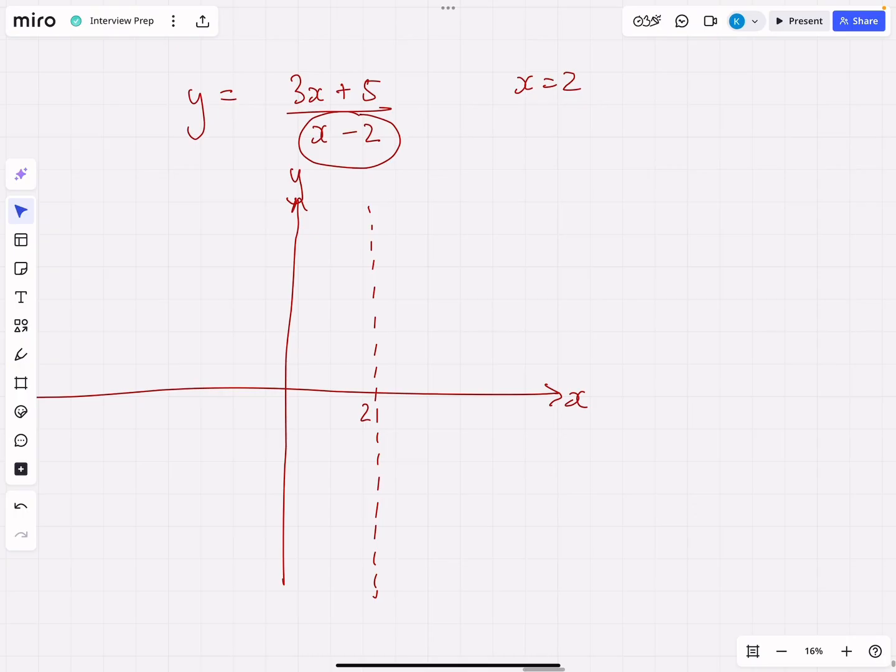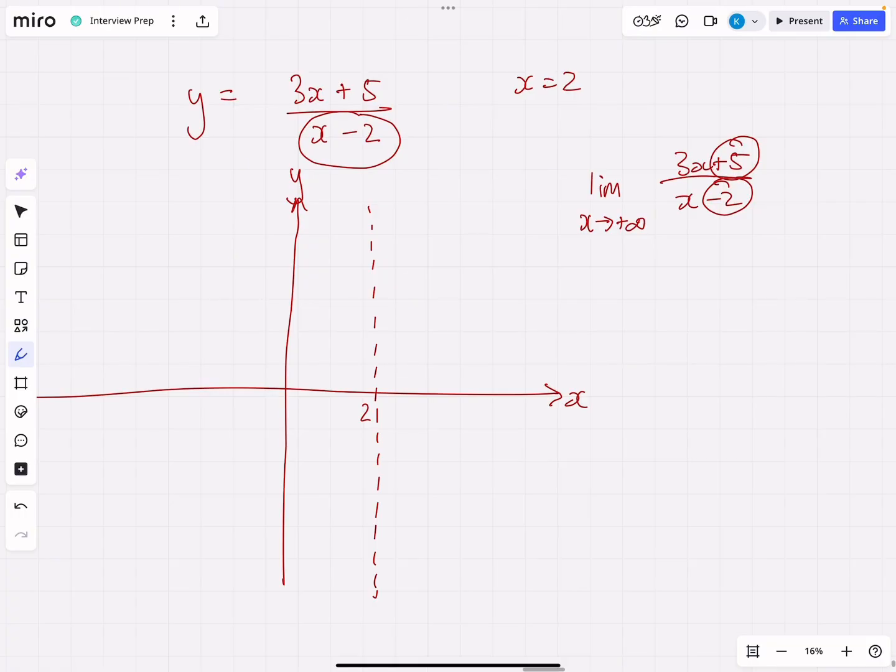Now let's start to think about the limit as x tends to positive infinity of 3x plus 5 over x minus 2. Now remember what we said about the contribution of terms that aren't of the highest power.